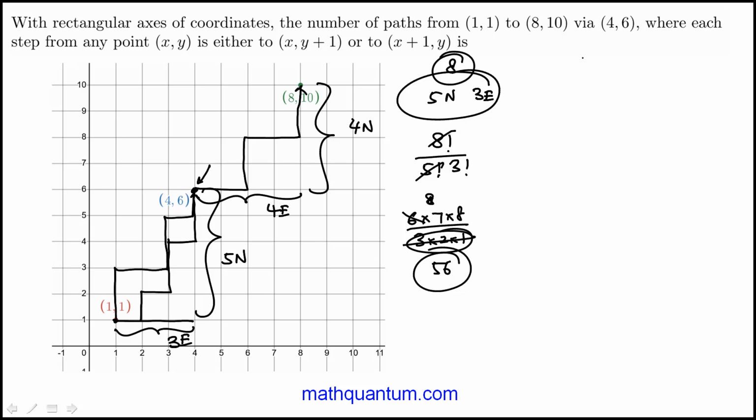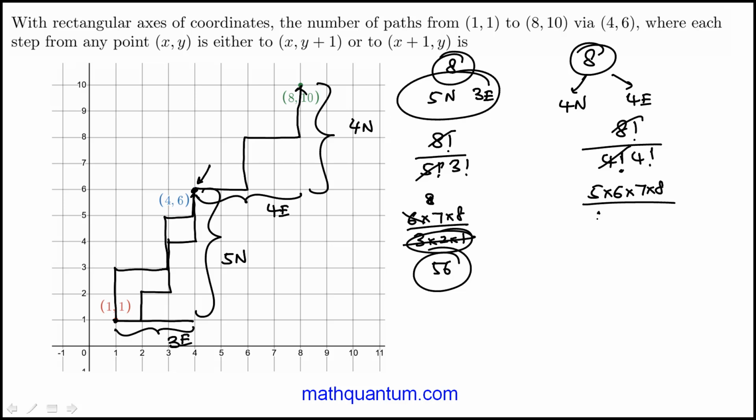So this question is about rearranging 8 letters, where 4 are N and 4 are E. So that number would be 8 factorial over 4 factorial times 4 factorial. And then it's just about simplifying this, so that's 70.